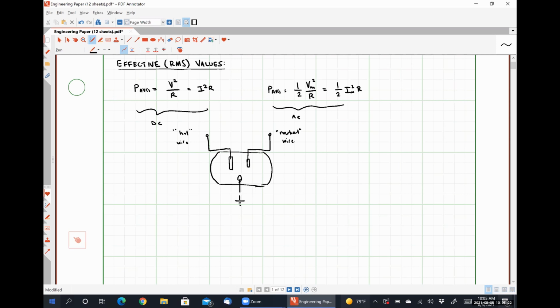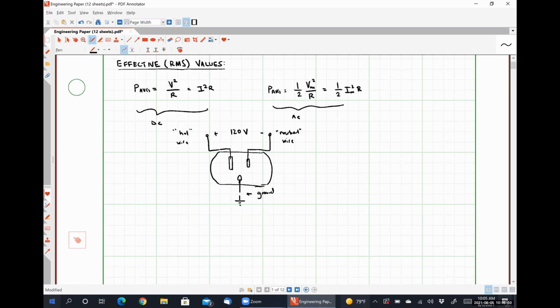So here in the States, can anybody tell me what the voltage between the hot wire and the neutral wire is? Shouldn't it be 120? All right. 120 volts.